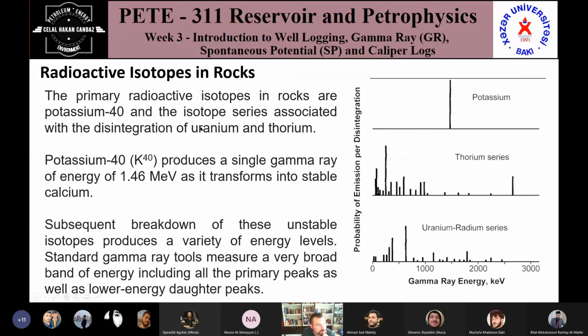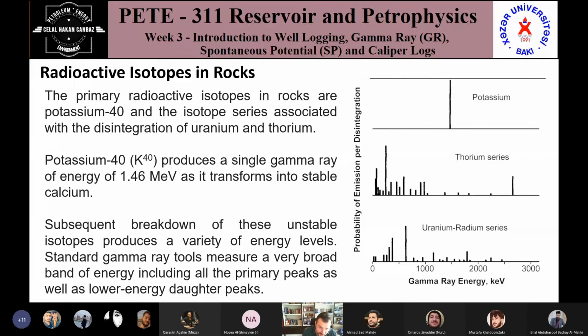The radioactive isotopes in the rocks: we said potassium, thorium, uranium, and radium series. The kilo electron volt gamma ray energy and the probability of emissions per disintegration is given in here. So you see some peaks, certain levels of peaks in the spectrum of these different radioactive isotopes.